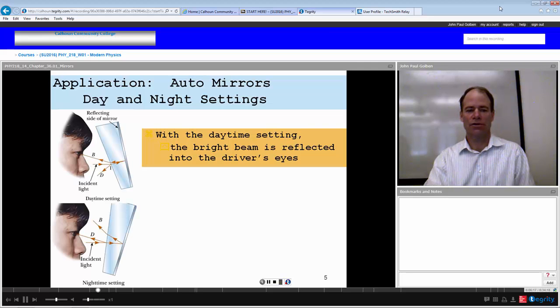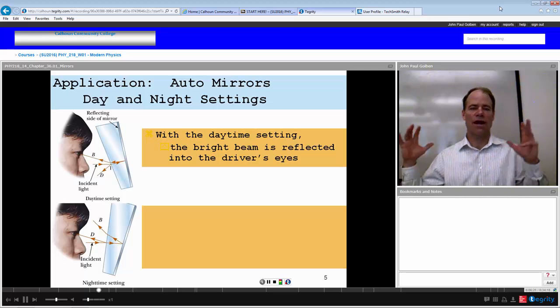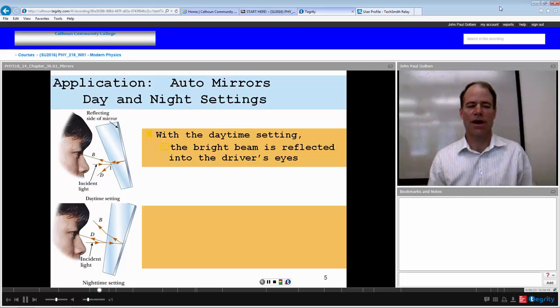But if you turn the mirror for nighttime, you don't really want all those brights coming straight into your eyes. So you turn the mirror, and your main beam is reflected and refracted away from your eyes, and you're just going to pick up the one little reflection off the first interface of the glass.